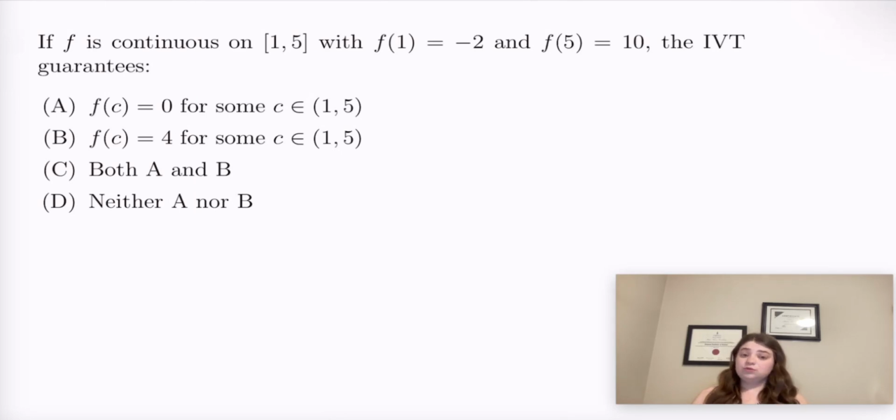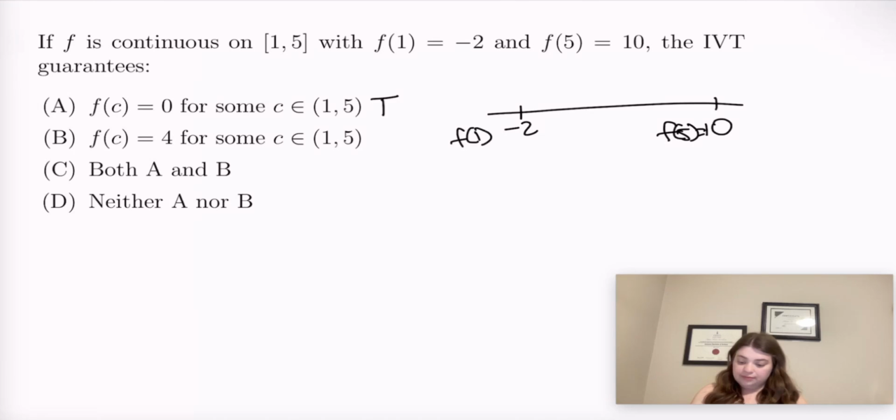Well, yes, this would be true, because keep in mind that f of 1 was -2, so basically the function starts at -2, and then it goes all the way up to 10. f of 5 is equal to 10, and f of 1 is equal to -2. So somewhere when c is between 1 and 5, at some point between -2 and 10, we do indeed have to get to 0 at some place.